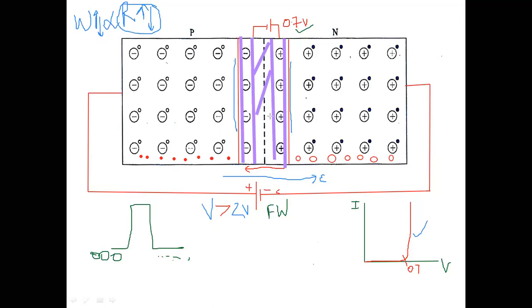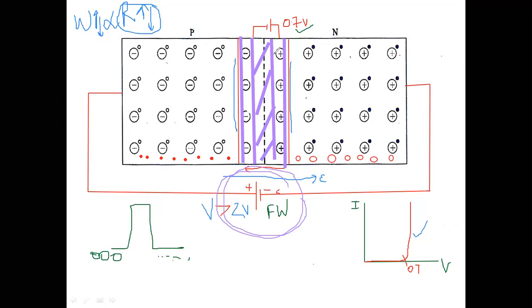So if I increase the forward bias voltage here, what will happen? The junction width drastically decreases such that the resistance at the junction decreases, such that the electrons and holes move from either side and current increases rapidly. Okay? This is the concept about forward bias condition.